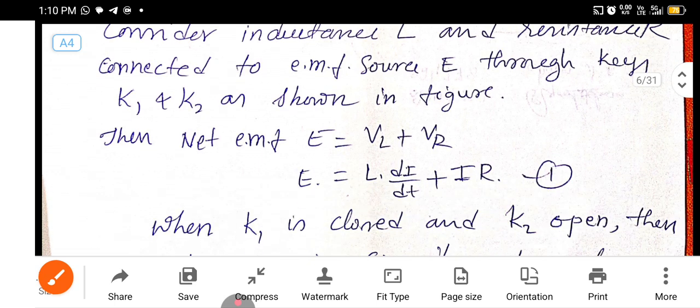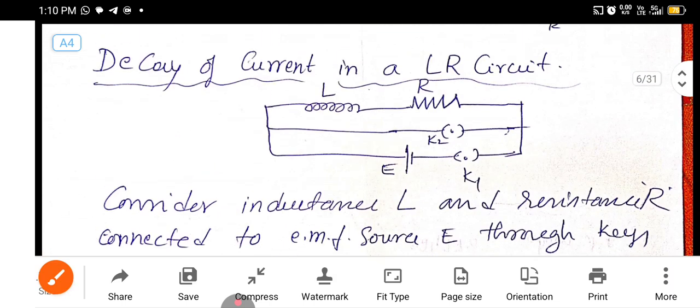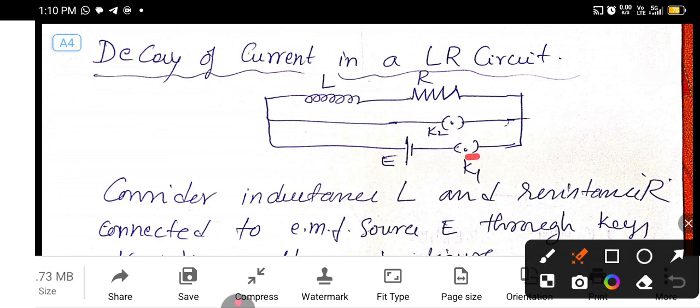As we know, the voltage across the inductance is given by L into di by dt, and VR is I into R. When K1 is closed, current flows through the circuit, charges up to the maximum level and becomes constant.